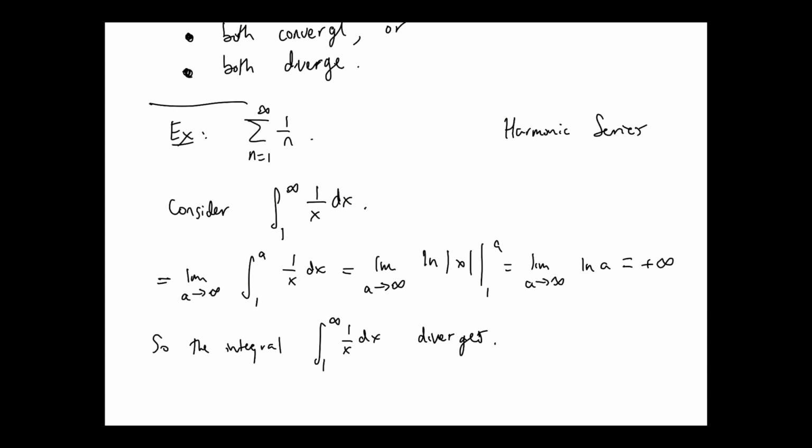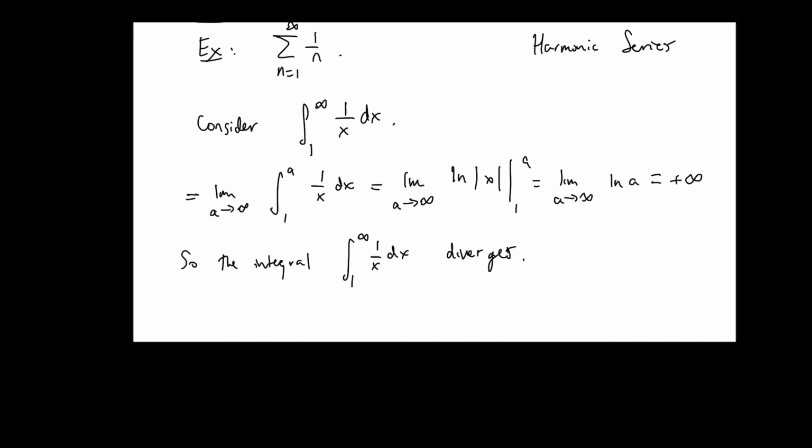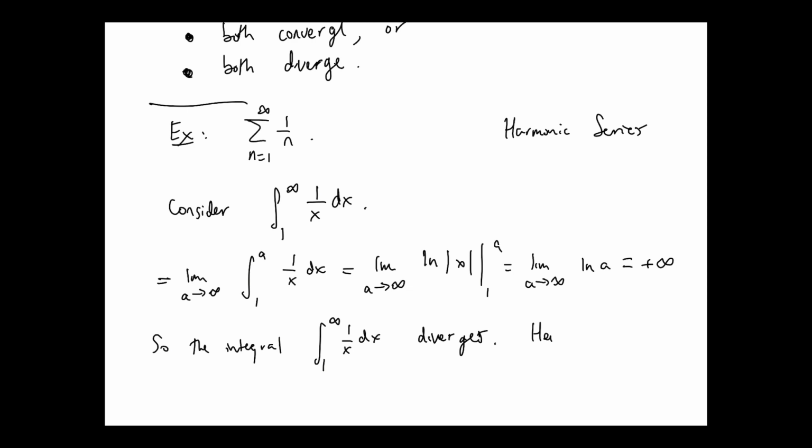They do the same thing. And hence, we already knew it diverged because we proved it last time a different way. It's always nice to know there's more than one way to skin the cat.